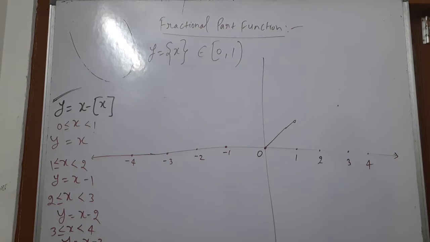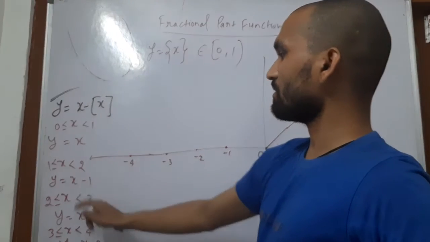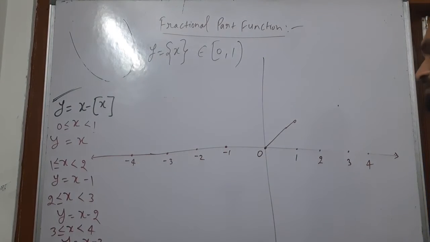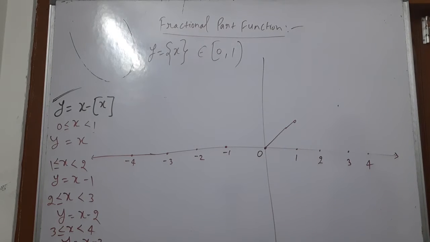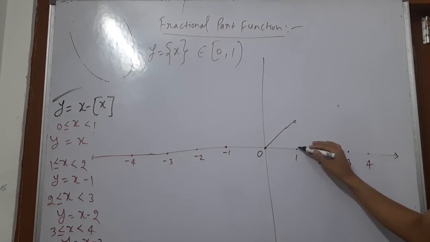What will happen at x equal to 1? It will be 0. It means the graph should cut the point 1. So here the graph will be what?